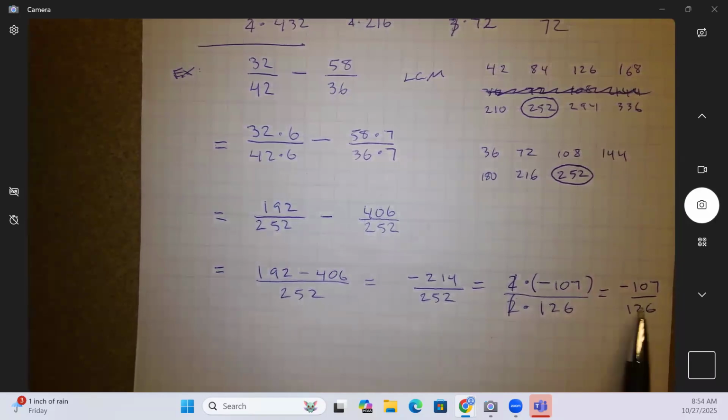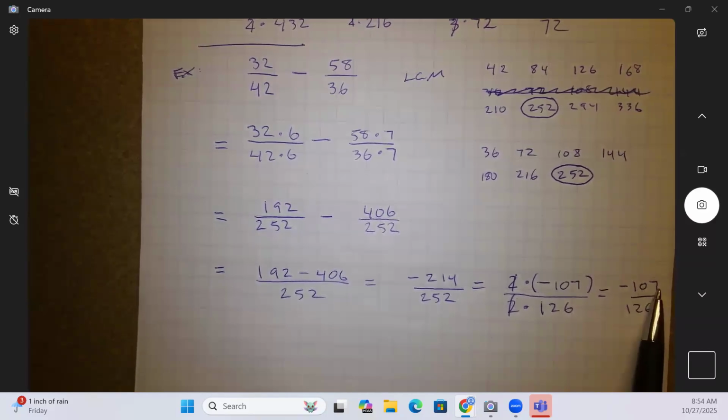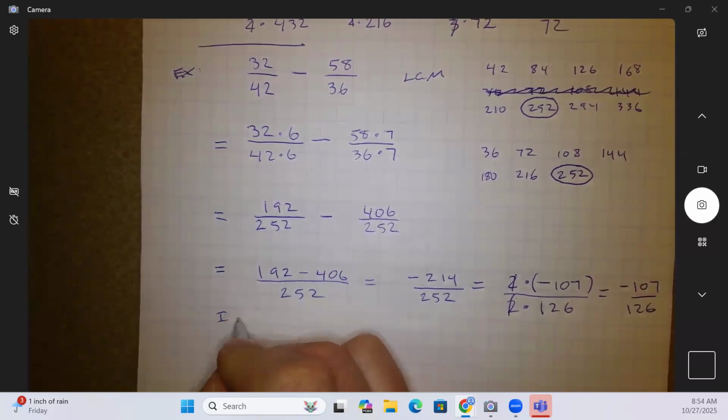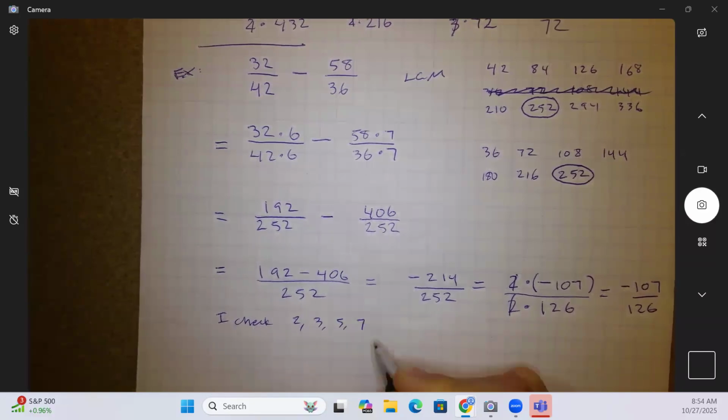The next prime is 11. That doesn't work. But I don't even need to check 11, because what's the square root of 107? I don't have to go to 11, right?